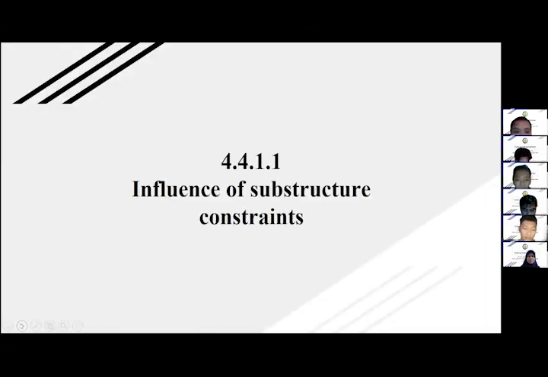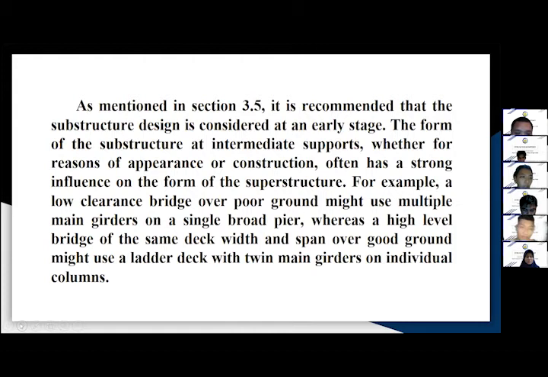Influence of substructure constraints. As mentioned in section 3.5, it is recommended that the substructure design is considered at an early stage. The form of the substructure at intermediate supports, and whatever portion of appearance of construction, often has a strong influence on the form of the superstructure.